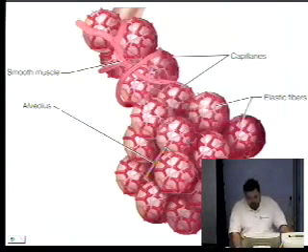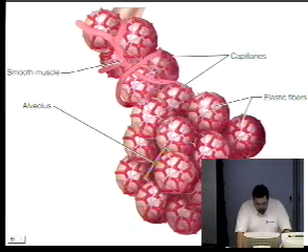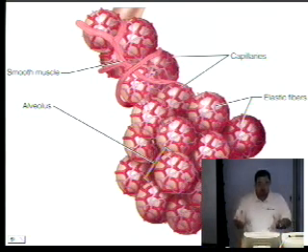And so here we see a diagram of that. And that's pretty much what it looks like. You've got the alveoli, you've got the capillary network surrounding them, and then you've got these elastic fibers holding the whole thing together. And that's what helps form the alveolar sacs.